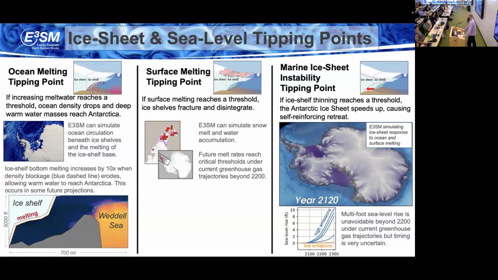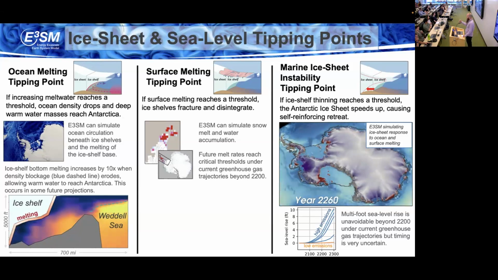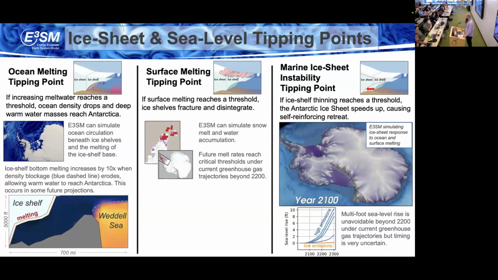And what we see is that on the current emissions trajectory we're on, pretty much catastrophic collapse of the West Antarctic ice sheet is unavoidable beyond year 2200. And I think this was a robust feature found across the MIPs that had done similar scenarios out through 2300. So this is pointing to the importance of time horizons: typically our time horizon in the CMIP world is out to 2100, but in the ice sheet community, really interesting and drastic things tend to happen around 2150, 2200.